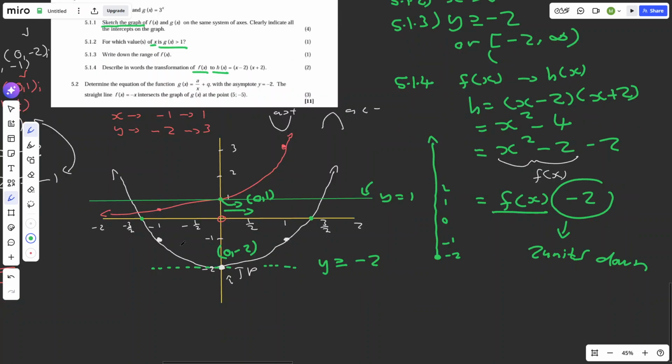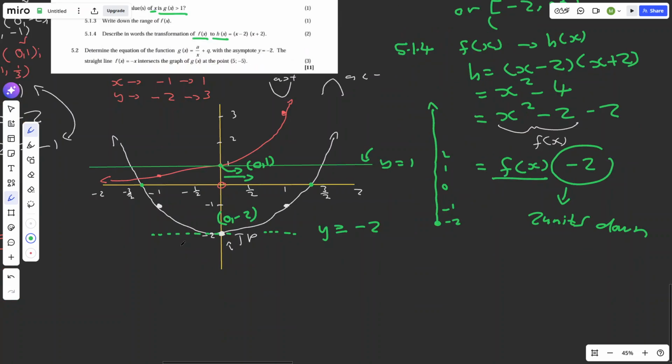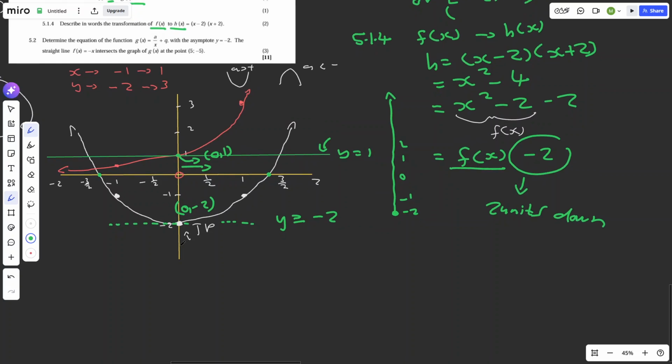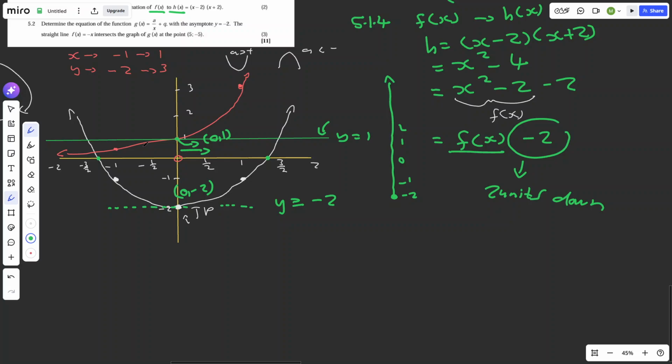In the next question, we want to determine the equation of a function with asymptote -2, and the straight line f of x is equal to minus x intersects the graph of g of x at that point. So now let's break this down. Question 5.2.